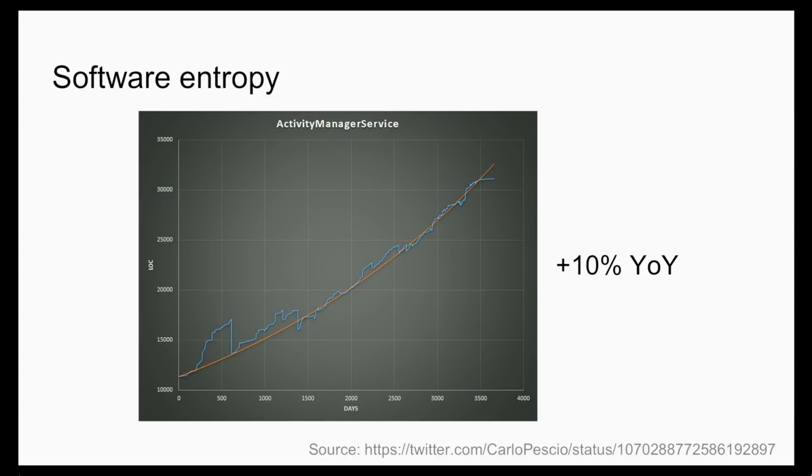This is the evolution over 10 years of the number of lines of code in the Android core package class, Activity Manager Service. It went from about 10,000 lines of code 10 years ago, and it's now over 30,000 lines of code. That's the blue chart. The red chart is a compound annual growth rate of 10%.